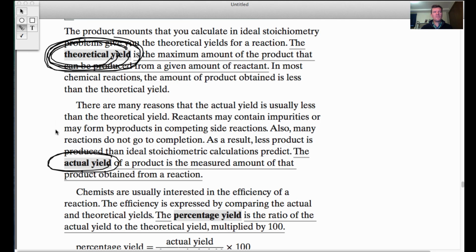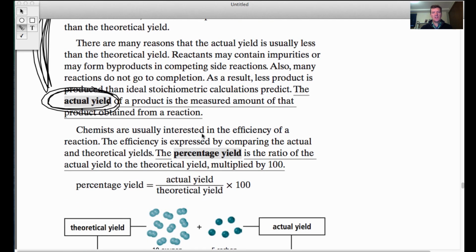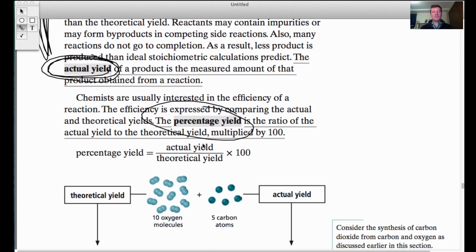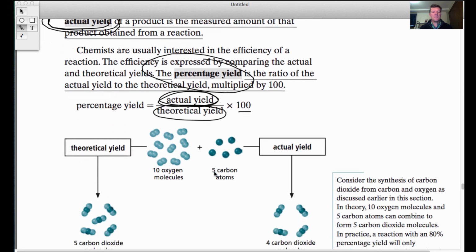So we want to find out what's the difference between these percentage-wise. What is the difference between our actual and our theoretical? And that is called the percentage yield. Percentage yield. And all you do is you take your actual, what you really got in the lab, divided by what you thought you were going to get, and multiply by 100. Okay?